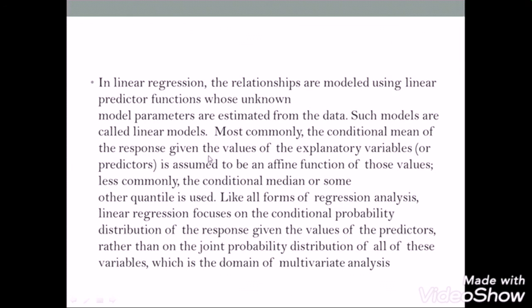Such models are called linear models. Most commonly, the conditional mean of the response given the values of the explanatory variables or predictors is assumed to be an affine function of those values. Less commonly, the conditional median or some other quantity is used.